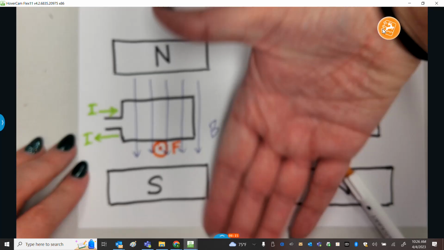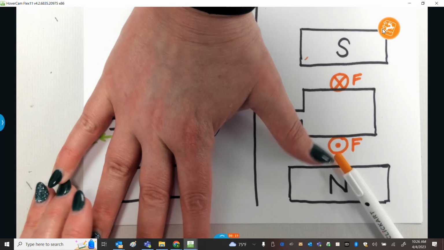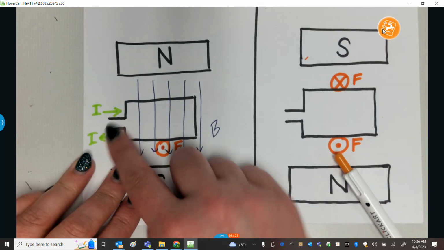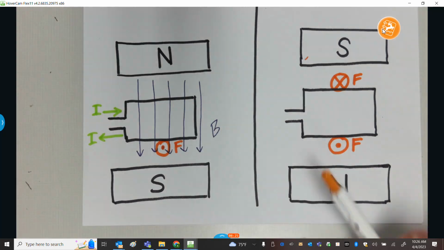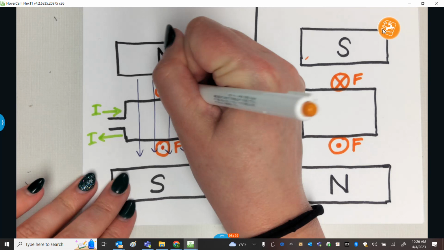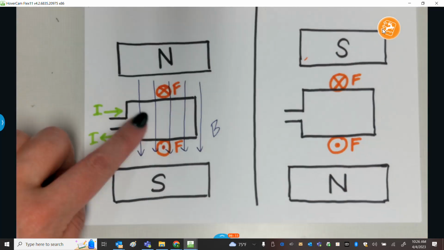So it was like this. If I flip my hand like this, now my thumb is pointing the opposite direction for the current, and when I do that, my palm is facing down. It makes sense that my force would be exactly opposite if I have exactly opposite current. Does anybody have a question so far?